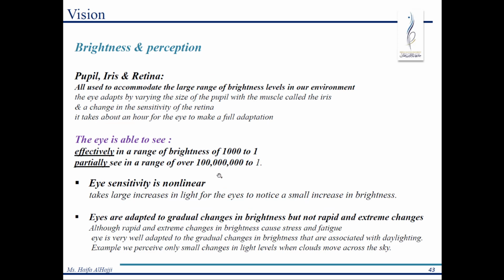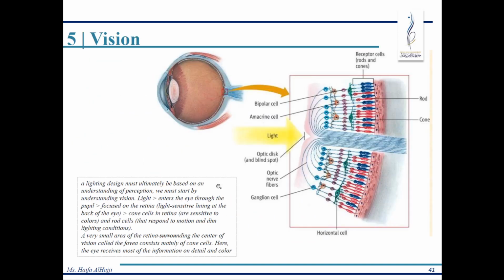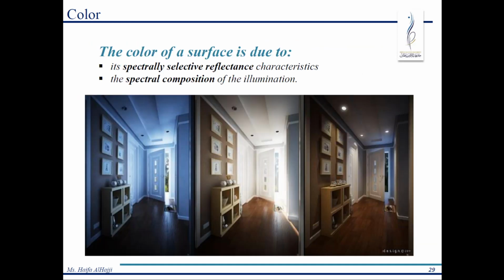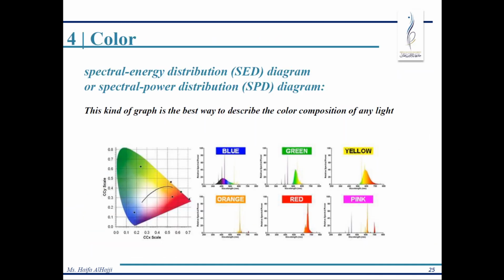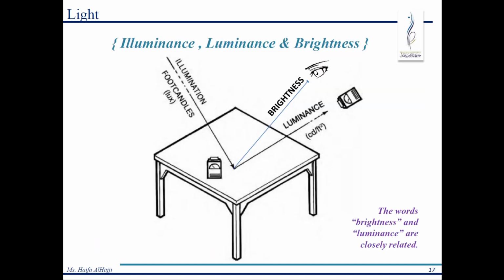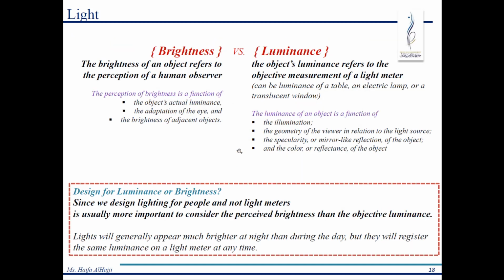Now, like we said earlier, there are two things that actually affect the luminance level. So let's recall them now. As we can see, the perception of brightness is a function of the object's actual luminance.